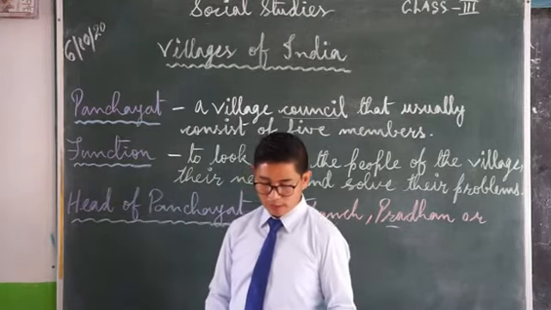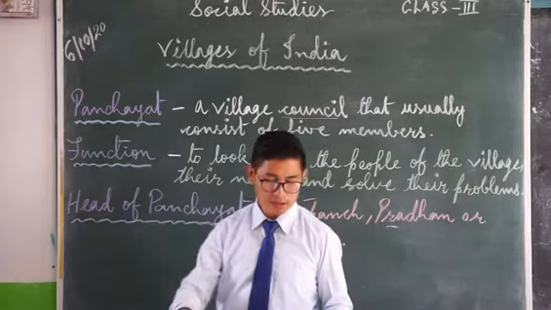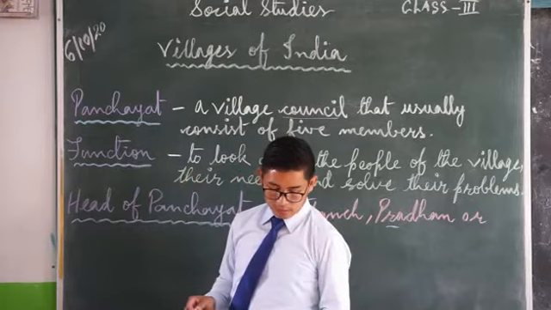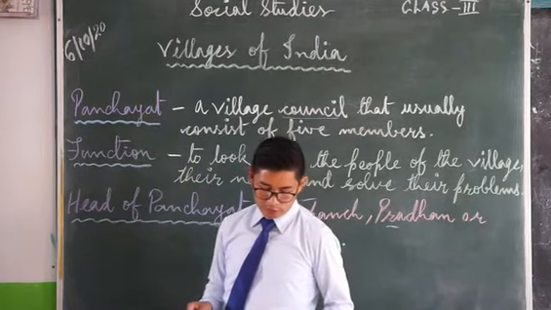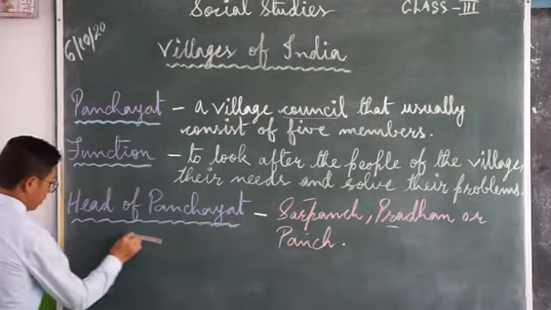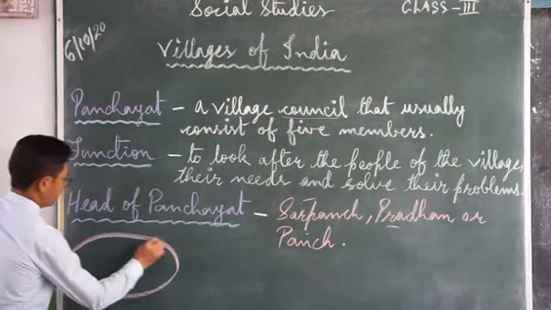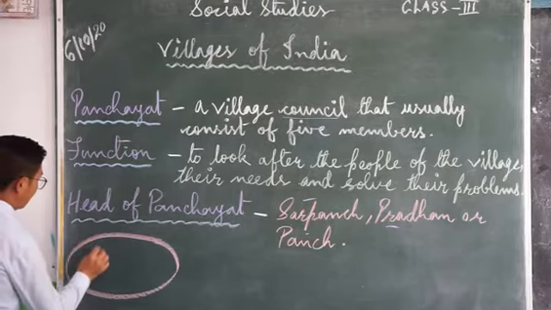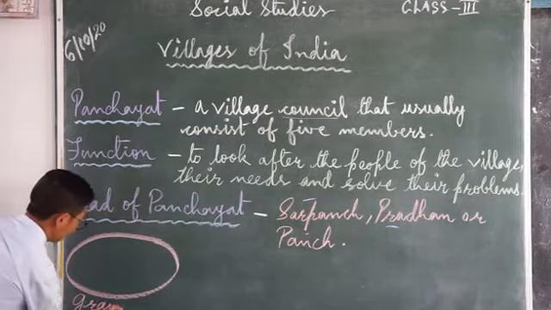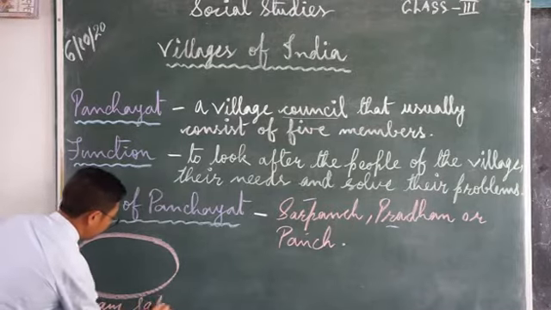The people of the village who are 18 years and above have a right to vote, make up the Gram Sabha. So, in a simple way I write Gram Sabha. Okay, Gram Sabha.